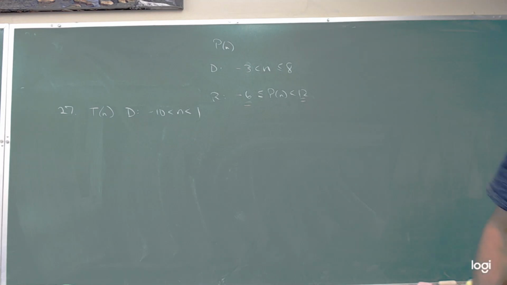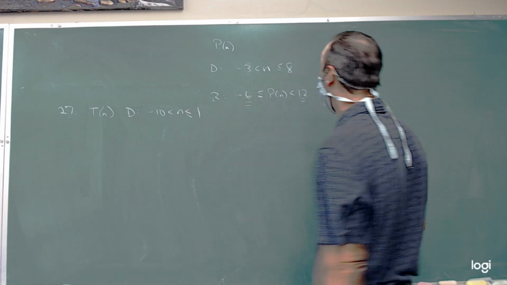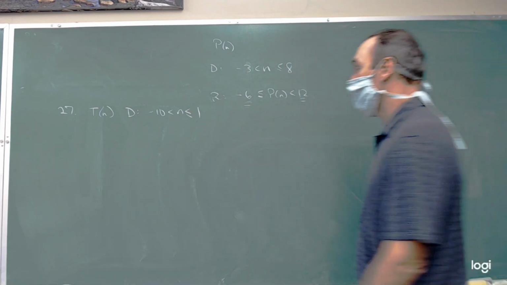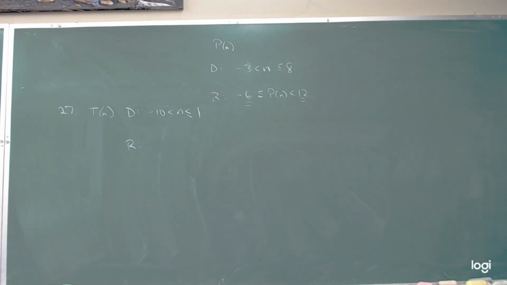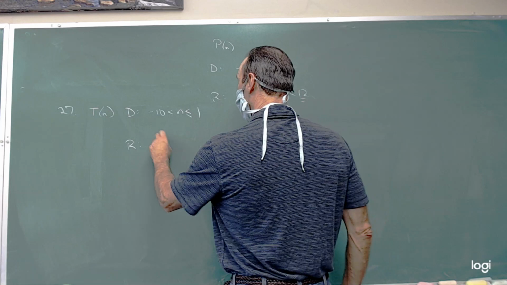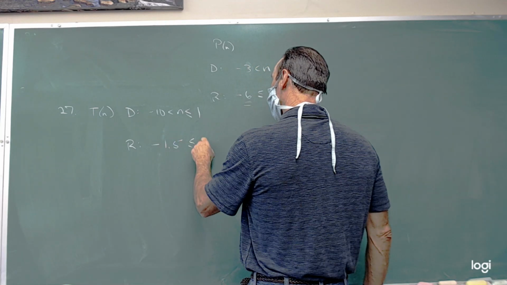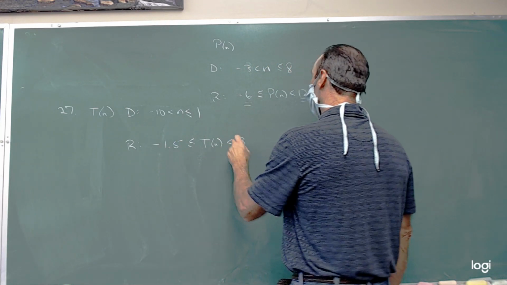So the or equal to goes here. And the range for our t of n is going to be from negative 1.5 to 3.